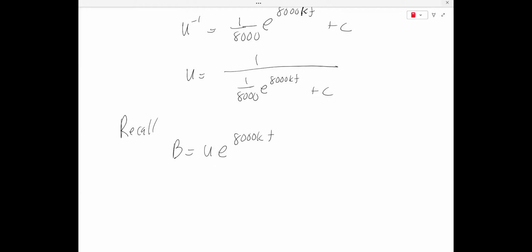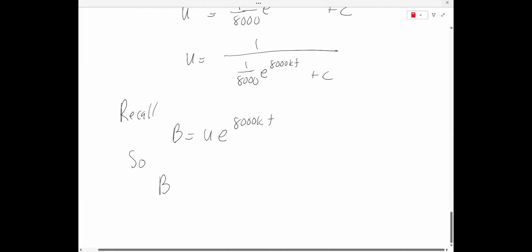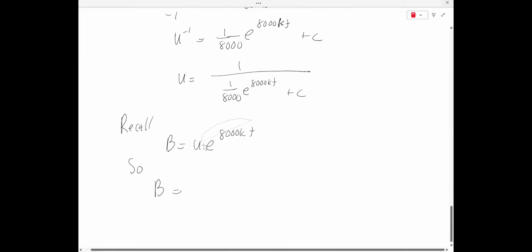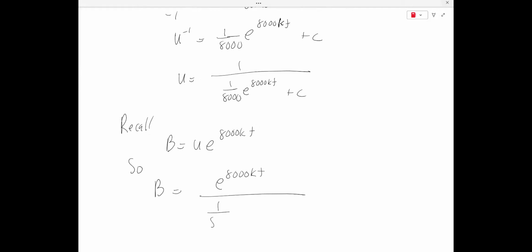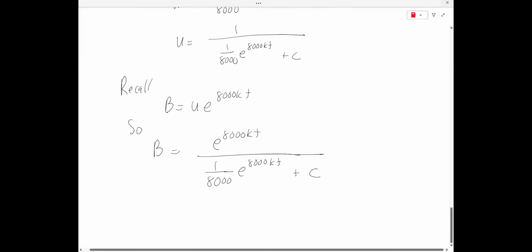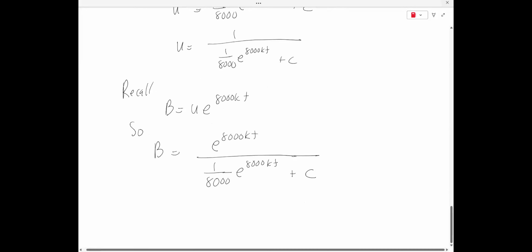So then b is equal to, and that just goes up in the numerator here, so that'd be e to the 8,000 kt over 1 over 8,000 e to the 8,000 kt, and then plus c. Okay, so we end up with this here then.